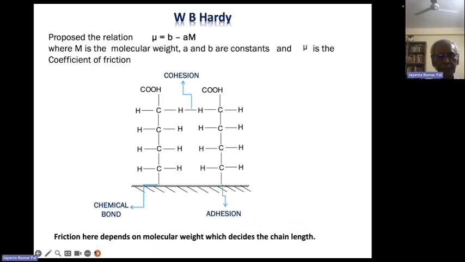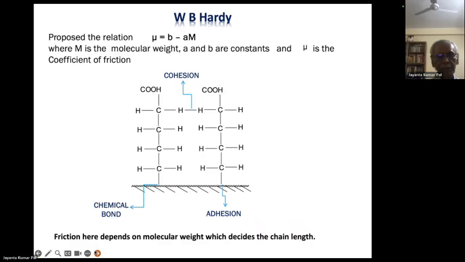This is an example here. If you look at the picture, a metal surface on which a polar active fatty acid is adhering. So the end of the carbon atom to the metal surface will be adhesion, because they are different molecules or different atoms.